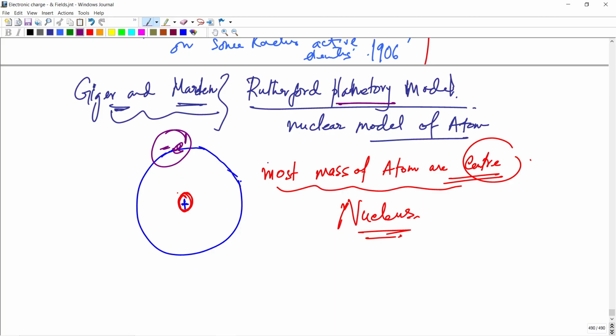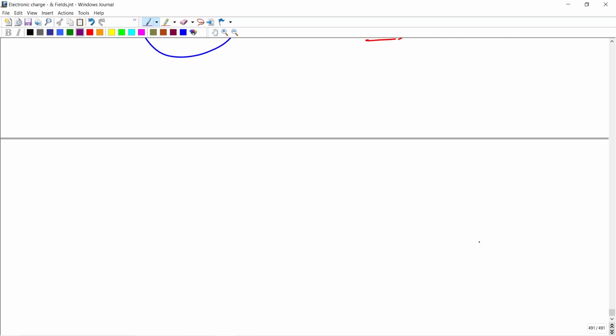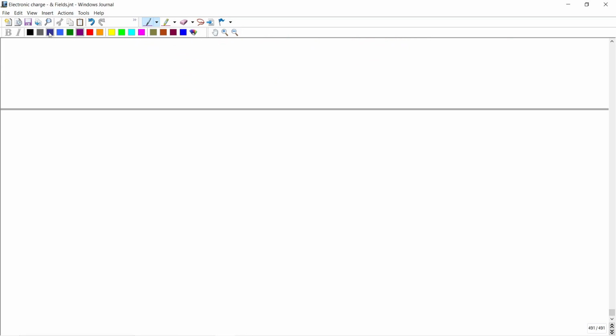Further, we study the alpha particle scattering of the Rutherford model. The alpha particle is helium, with mass number 4 and atomic number 2.